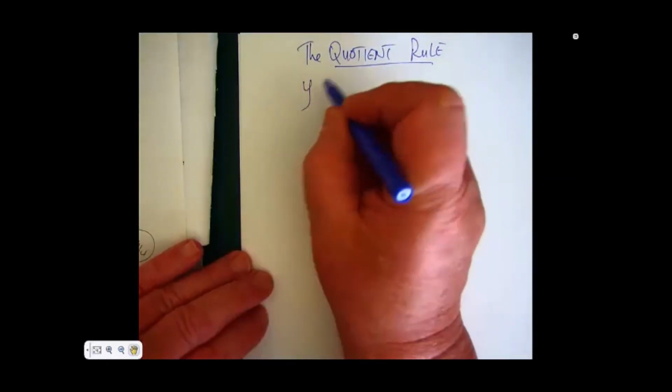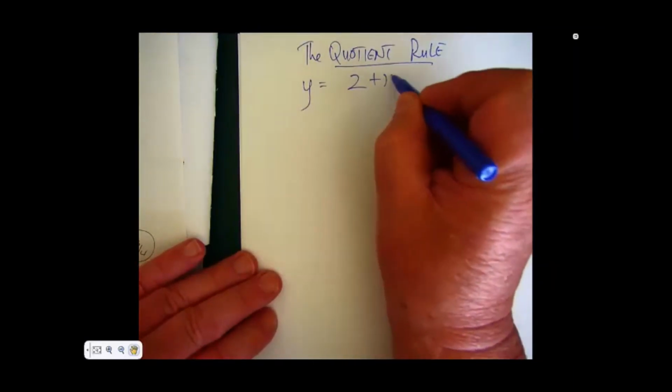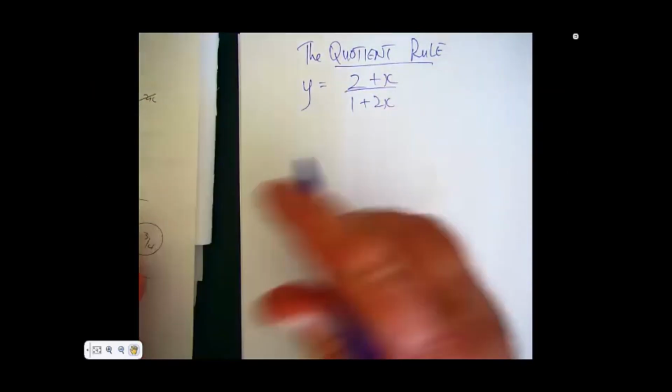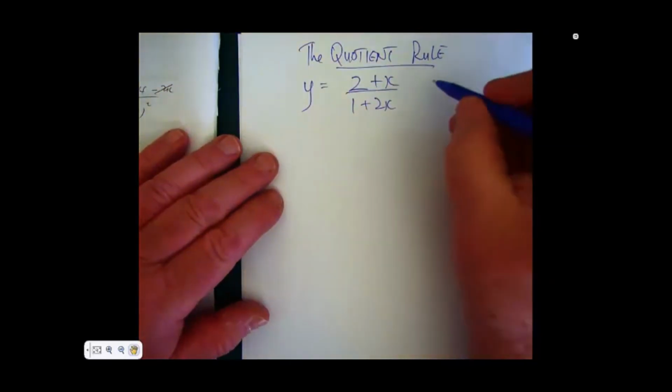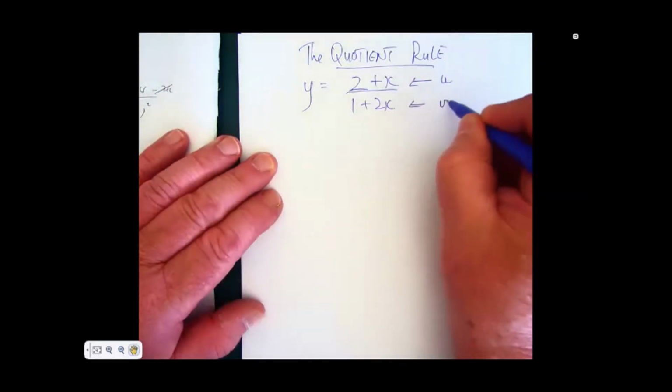So the examiner says, right, let y equal (2 plus x) over (1 plus 2x). The first thing you do is you assign the letters. So this one here, u, and this one is v.